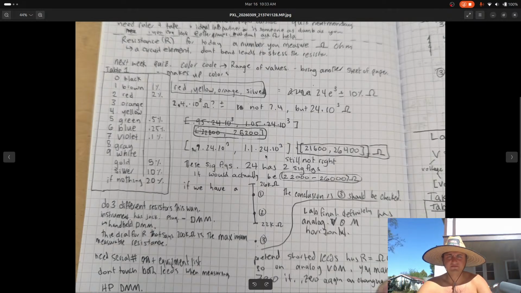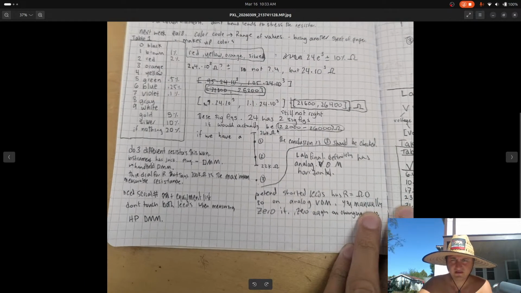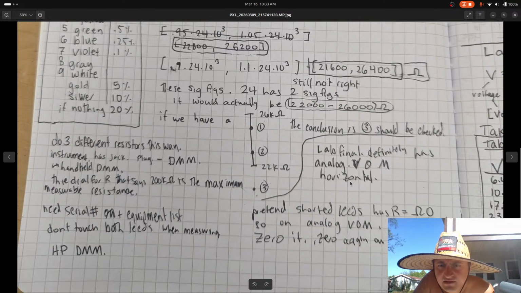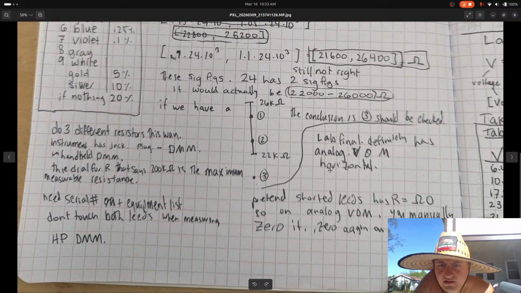Since this has 2 sig figs, then you've got to round. Lab final definitely has analog VOM.